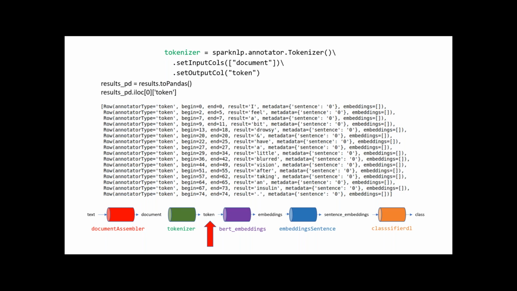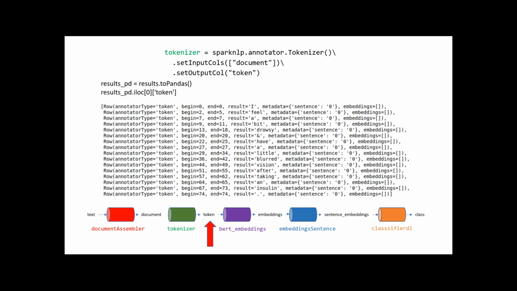Here we can see the content of the token column for the first sentence: I, feel, a, bit, drowsy, and have a little blurred vision after taking an insulin. This is how it is split into different tokens.